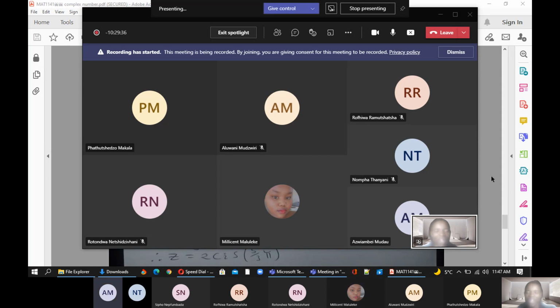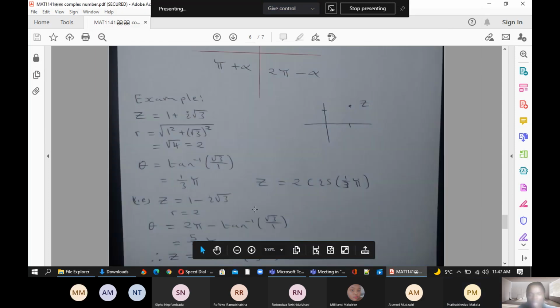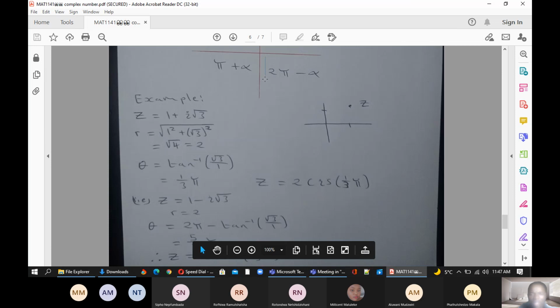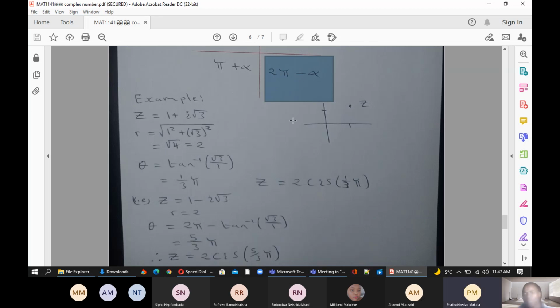Okay, I'll continue. So now, as you can see, our equation, when we plot it, is here in the fourth quadrant, which is 2 pi minus alpha. You know that alpha is equal to tan inverse of b over a, right?